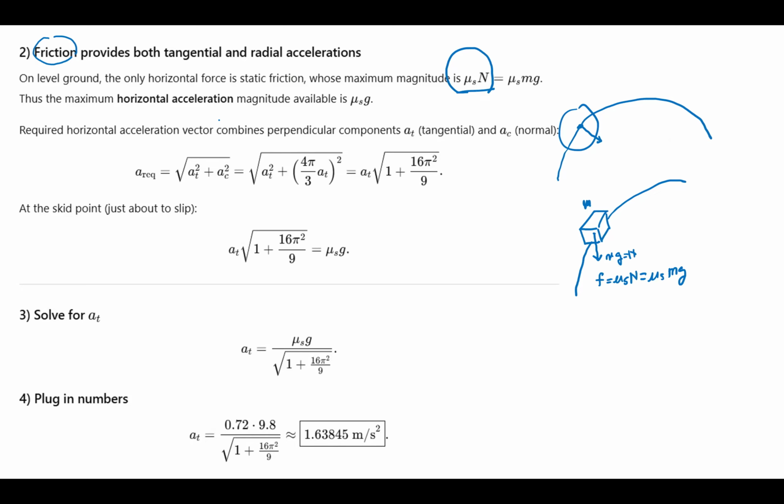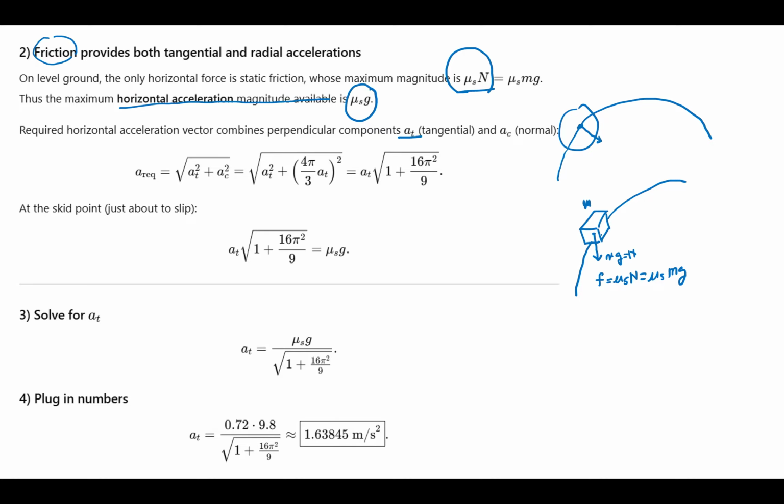And what we are going to do is that the maximum horizontal acceleration magnitude available is this one. And the required horizontal acceleration vector combines a perpendicular a_t.